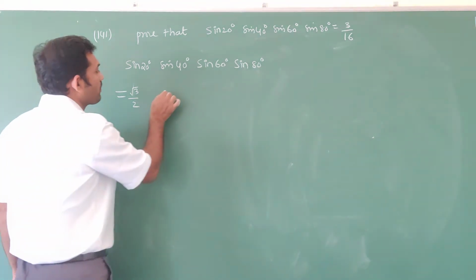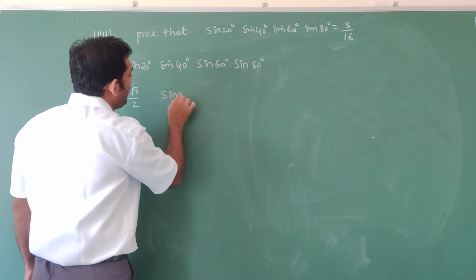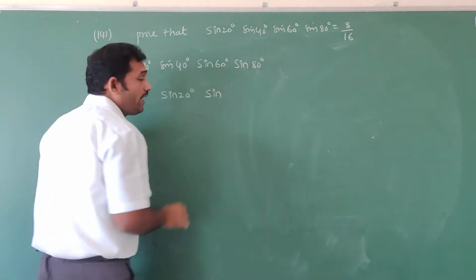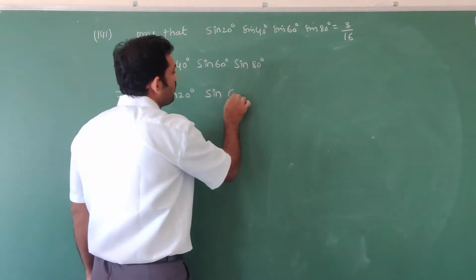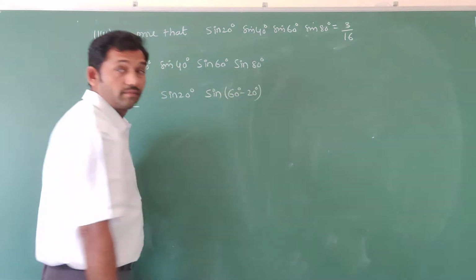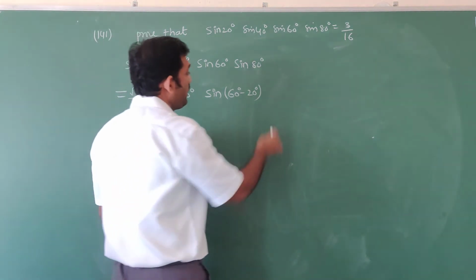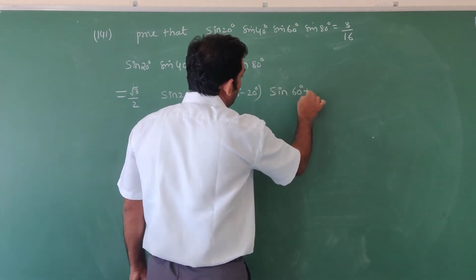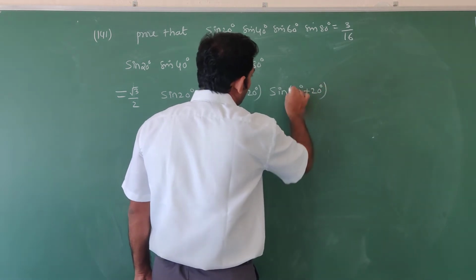After that, sin 20 degrees; sin 40 degrees can be written as sin(60 degrees minus 20 degrees), and sin 80 degrees can be written as sin(60 degrees plus 20 degrees).